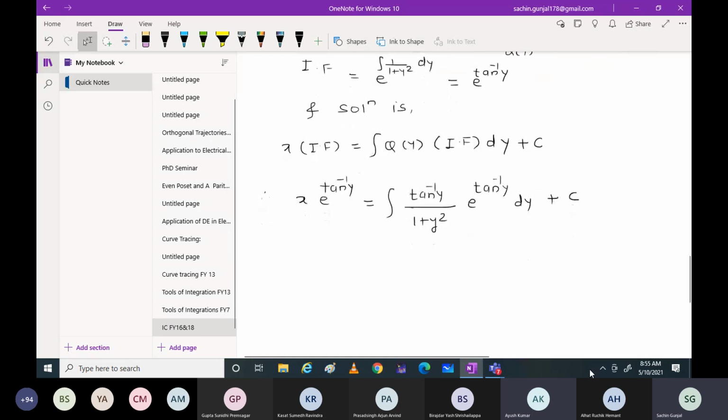Okay. So how do you solve this integration? Tan inverse y is t. Correct. Very good. So put tan inverse y equal to t. Differentiate this, so you'll get 1 upon 1 plus y square dy as dt.